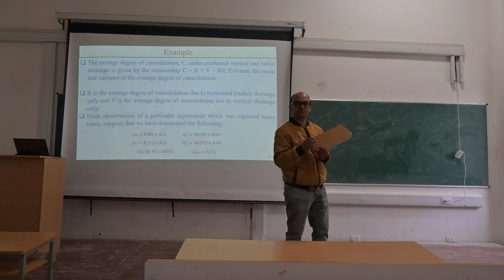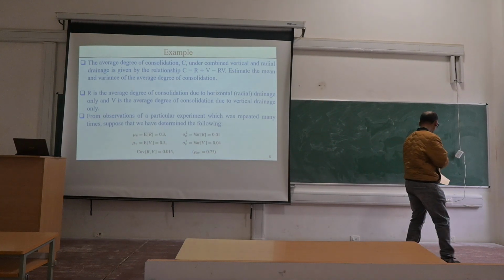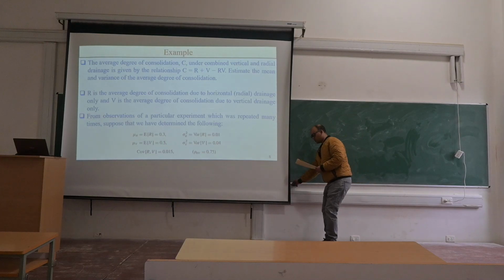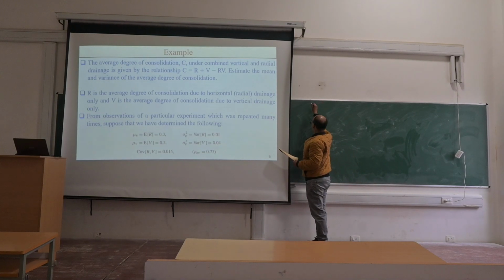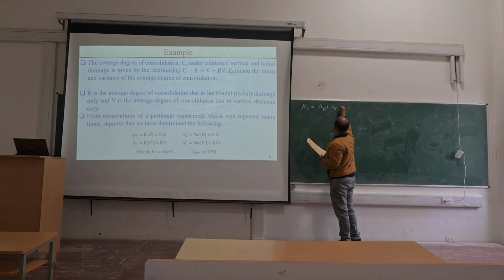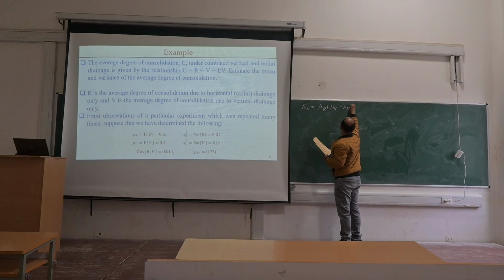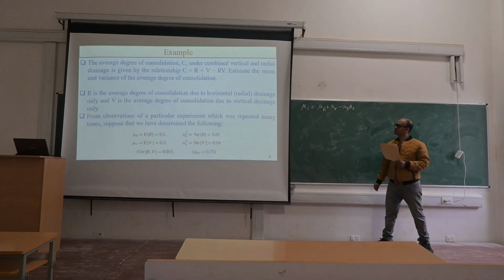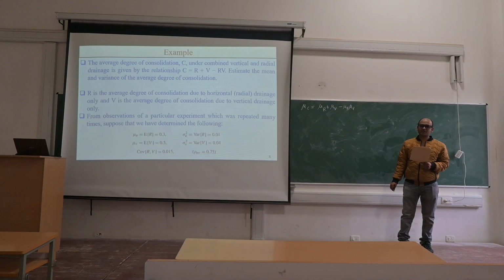What is the first order approximation? That mu C will be equal to, no, what is the first order approximation for mu C? Mu R plus mu V minus mu R mu V. This is the first order approximation, right?